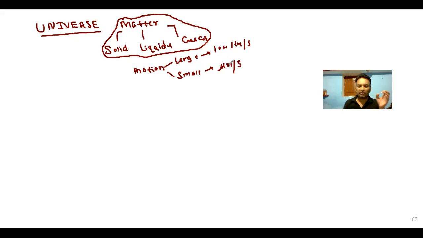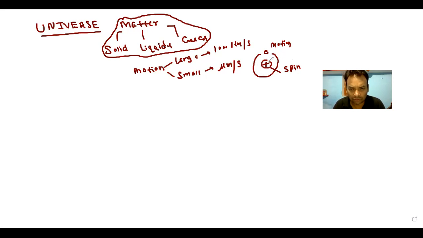Take the example of an atom: the electrons are in motion, and even the nucleus shows a spin, so that is also in motion. The atom is the smallest particle of the universe, and even the subatomic particles, the constituents of the atom, are in motion.